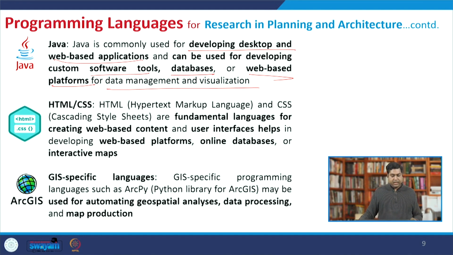Now, HTML and CSS. HTML stands for hypertext markup language, and CSS for cascading style sheets. They are fundamental languages for creating web based content. If you want to develop a website or a dashboard, or some user interface design, you can use them very effectively. So, say for example, you are conducting a survey, you can develop it using these.